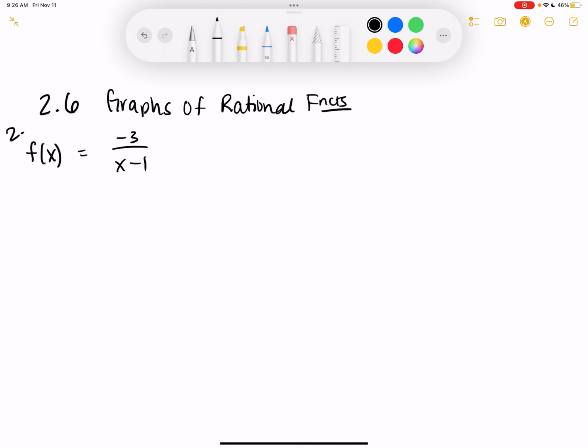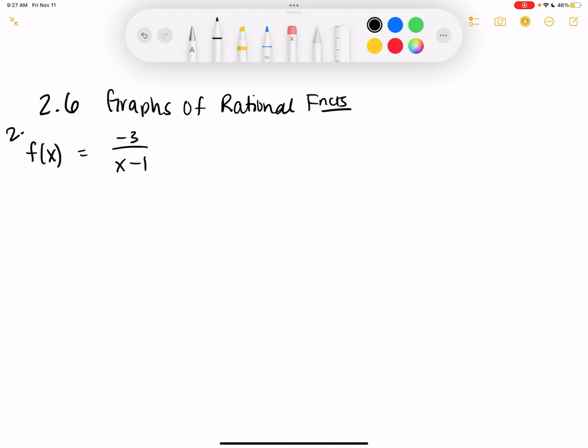So what values can x not be for this to be a function? Well, x can be 0. I shouldn't really say for it to be a function. For it to exist, what can it not be?